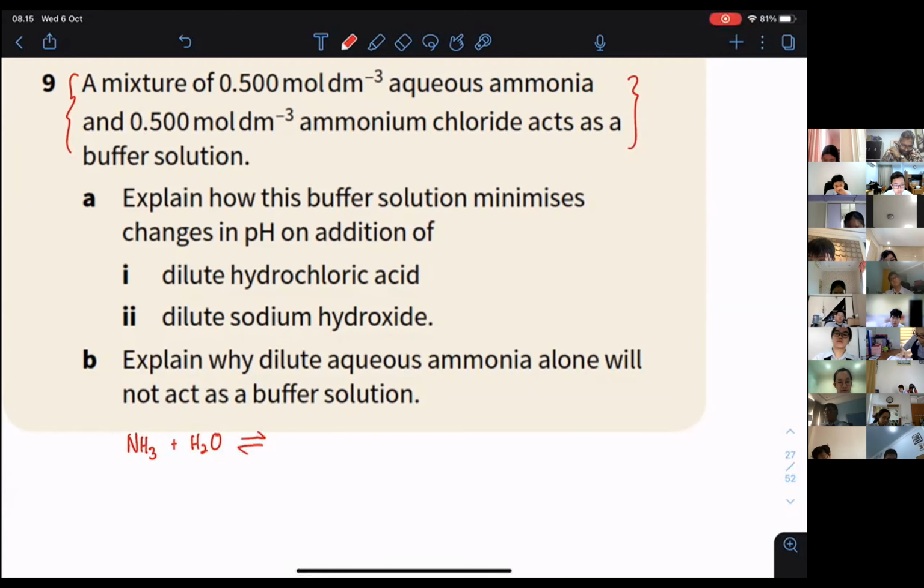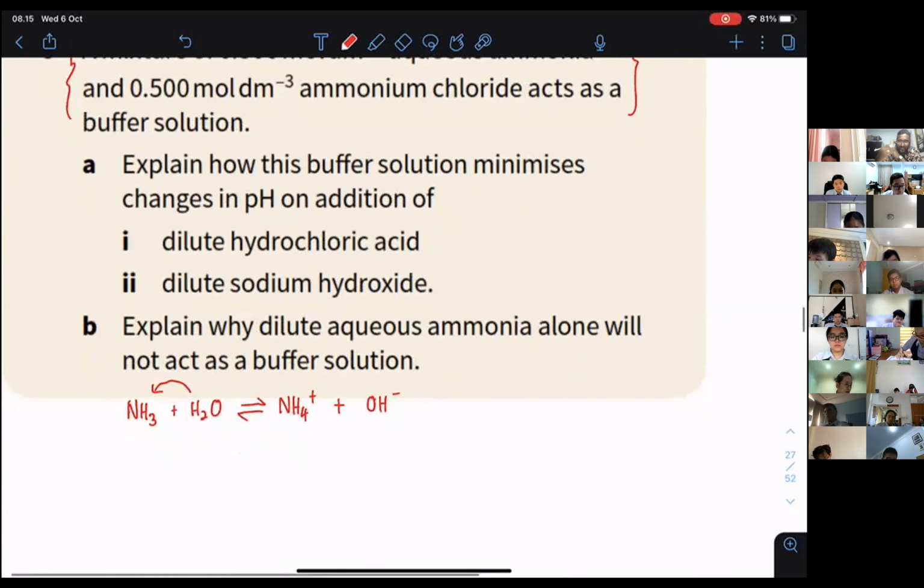And if it is a base, they are proton acceptors. I hope you remember that. So they will receive H plus from water, NH4 plus, and you will have OH minus. This is going to be the first equation. And do remember, this is the NH4 plus, the cation.